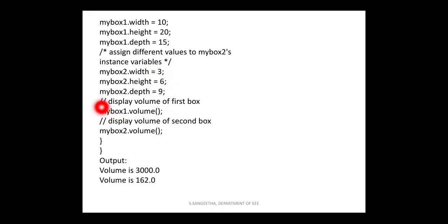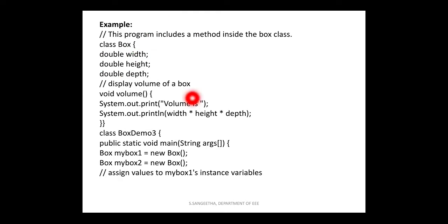Next you have to display the volume of the boxes. First display the volume of the first box by using mybox1.volume, and the volume of the second box by using mybox2.volume. Next the program output will be displayed like this. Volume is 3000, because the instance values are 10, 20, 15. You have to multiply width into height into depth, and this value will be displayed in the output.